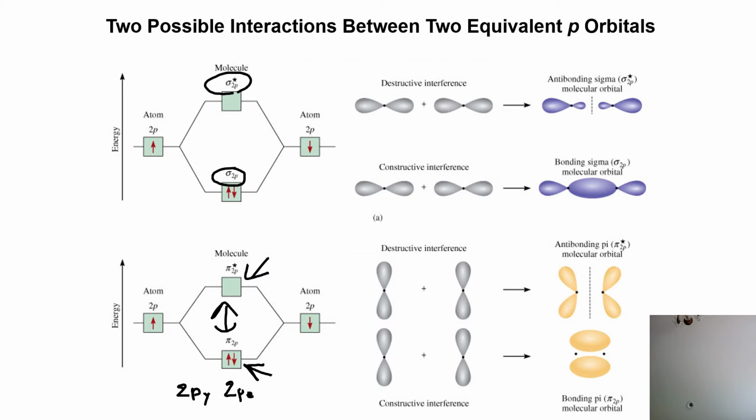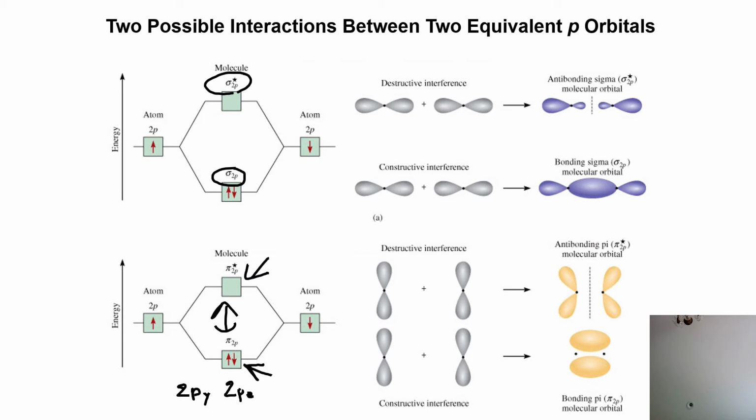So we will also be using p orbitals, and there are 2 possible interactions between equivalent p orbitals, and we see those here. There are, for each type of interaction, and we've already seen this essentially when we looked at hybridization theory. So we have 3 p orbitals, 2px, 2py, and 2pz.